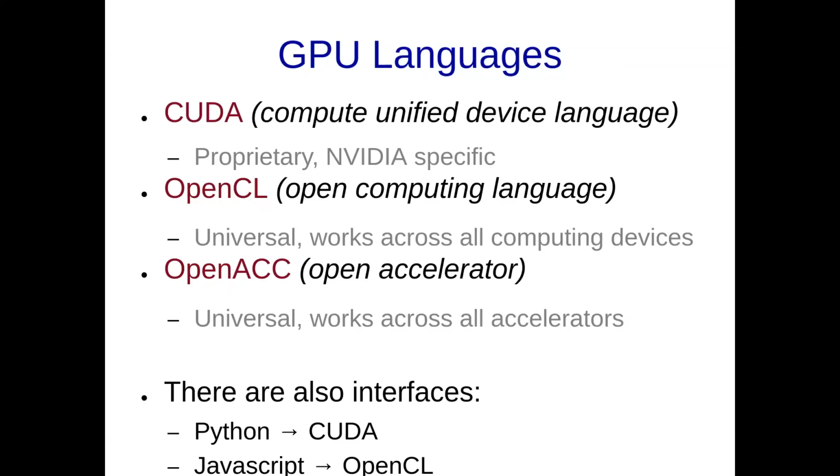Okay, OpenACC is very similar to OpenCL in the high-level philosophical sense, but it is primarily for accelerators, not across all the computing devices. However, the way OpenACC is evolving, it actually can be used even for multi-core processing, right?